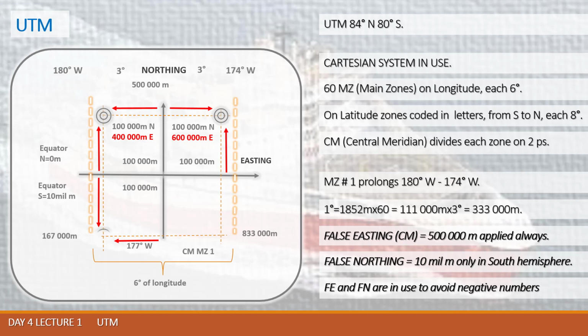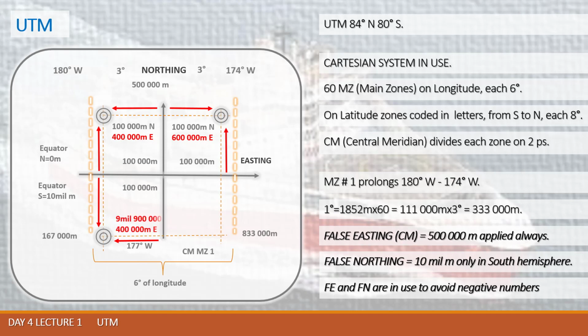We deduct the 100,000 meters step and we receive the coordinate 9,900,000 meters of northing, and 400,000 meters of easting, because from the central meridian equal to 500,000 meters we deducted 100,000 meters and received the value 400,000 meters. Now we know how to understand the coordinate presented in meters in UTM.